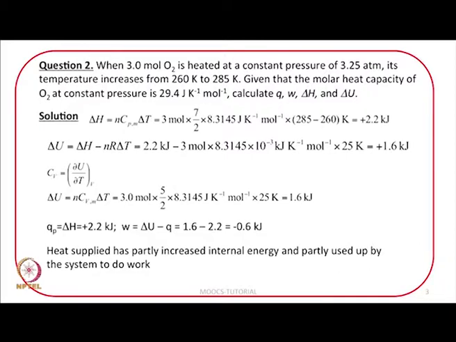That means the system has done some work, and that work of driving back the surroundings is equal to minus 0.6 kilojoules. Now, this negative sign tells that the system has done the work. So, as I always have mentioned earlier, in thermodynamics it is not just the numbers, but the sign also carries a lot of meaning.